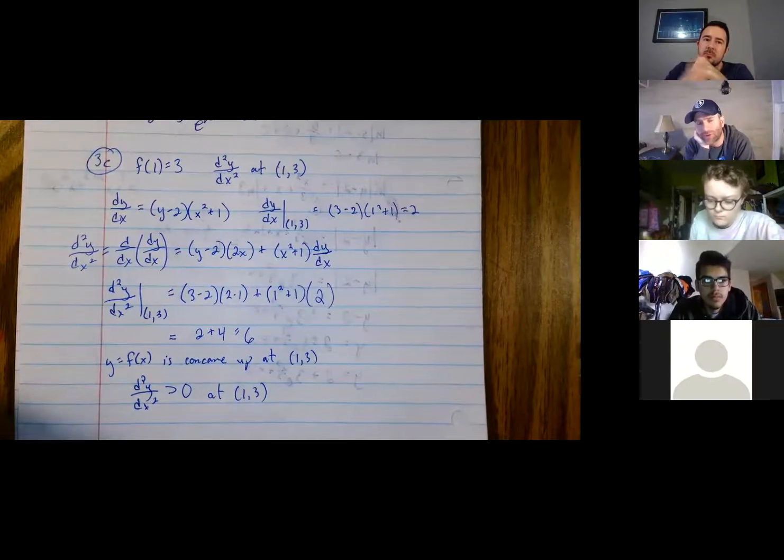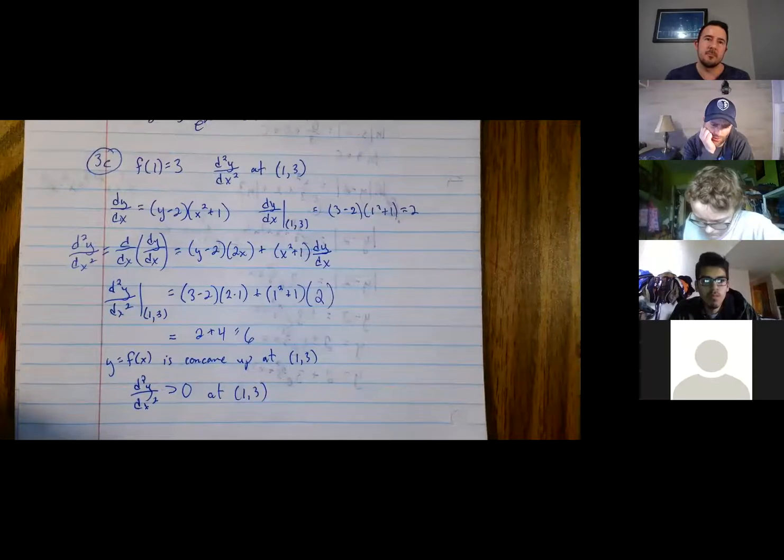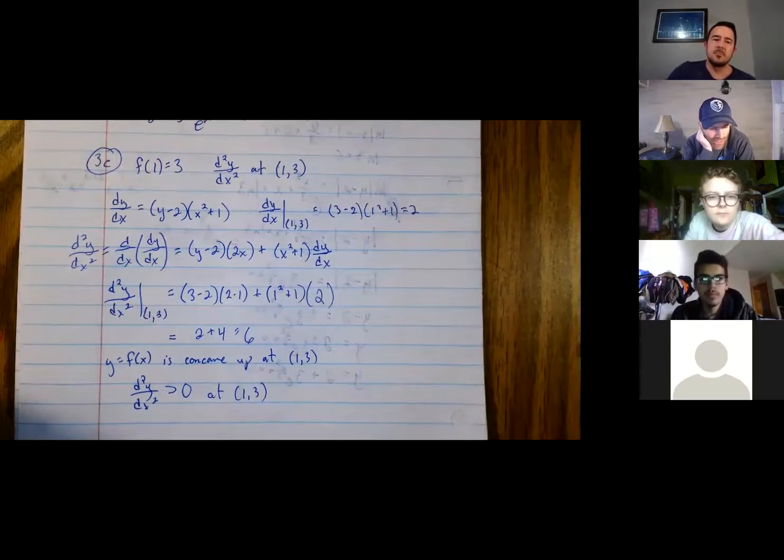Divus, you want to chime in there? My only thought is that they're telling you that it's continuous solely so that you know that you can take the differential, or so that you know that the first derivative is differentiable at that point. Yeah, that's what it seems like to me.